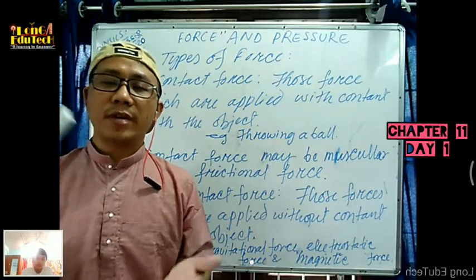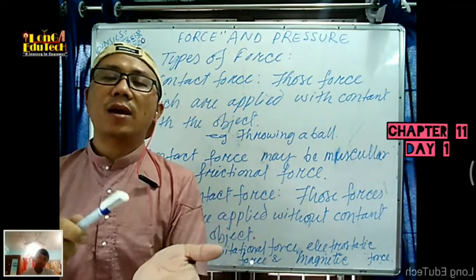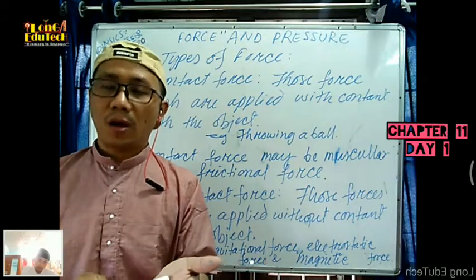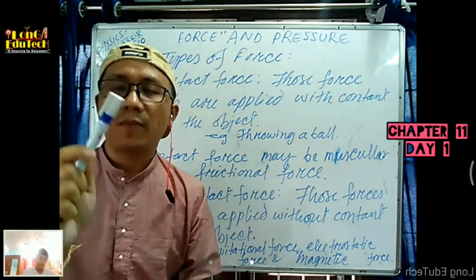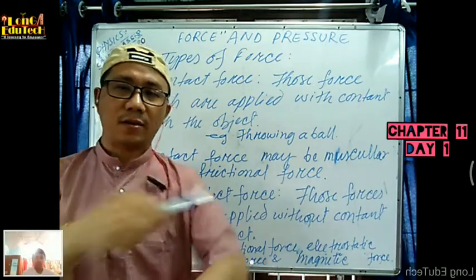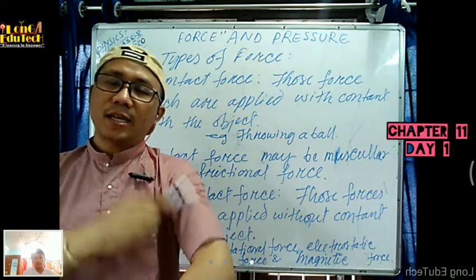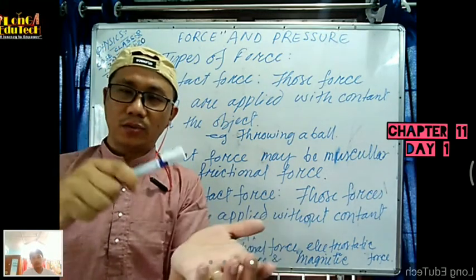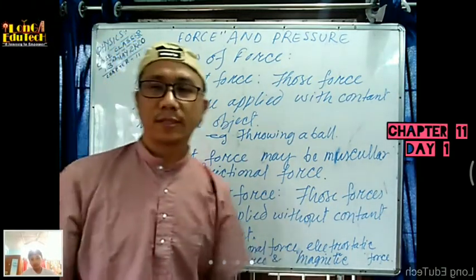It will attract toward that charged body, and that is called the electrostatic force. The charge is developed on this surface. When we rub two different substances, it develops charged particles, and that charge will try to attract the other object. That's all. And next is the magnetic force.